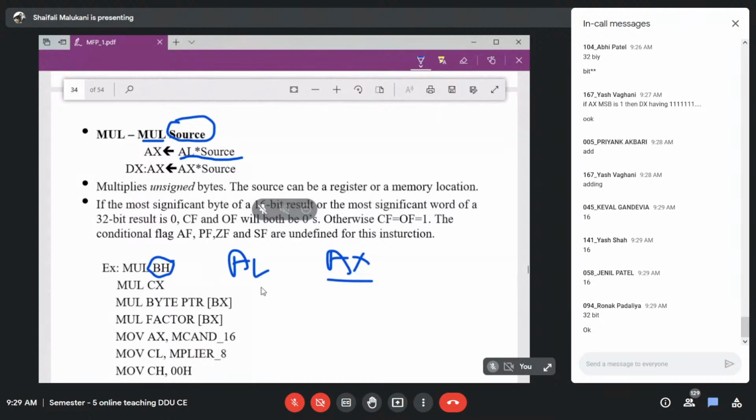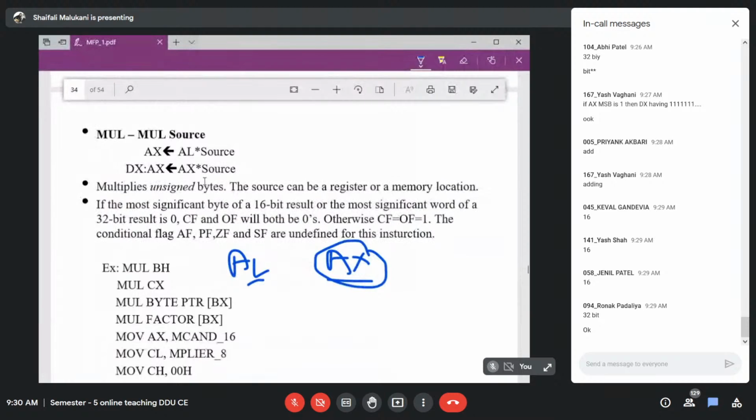One is fixed in AL or AX, right? If it is 8-bit, then AL. If it is 16-bit, then AX, right? The other operand you need to specify by providing the source here. Now, if the provided source is 8-bit, then it is AL into BH and the result is stored in AX, right?